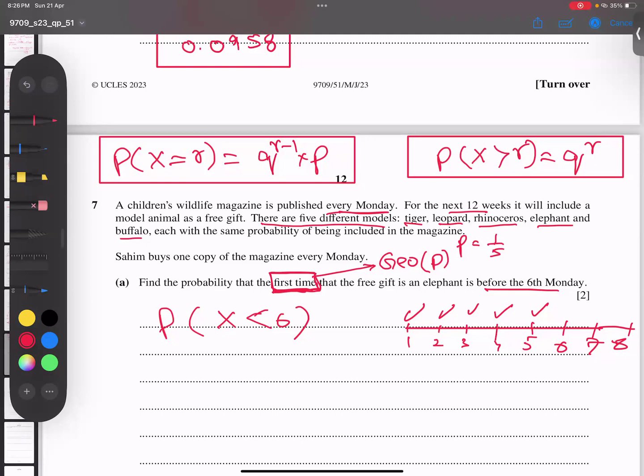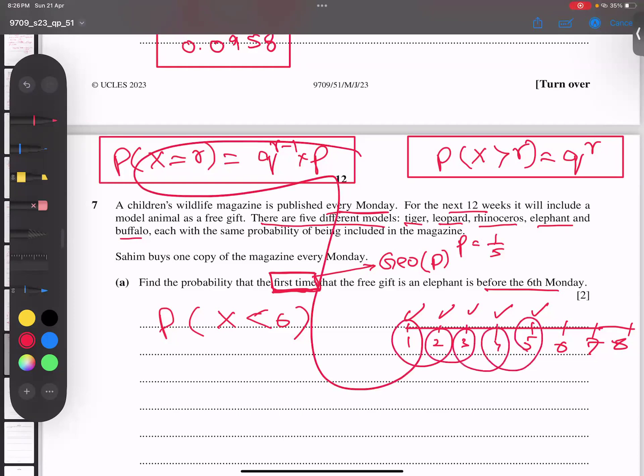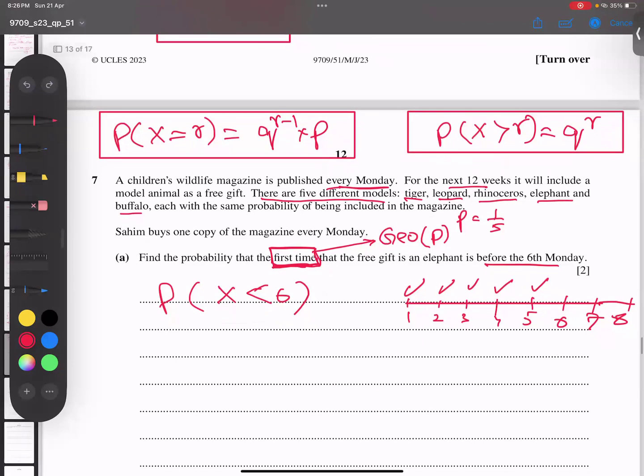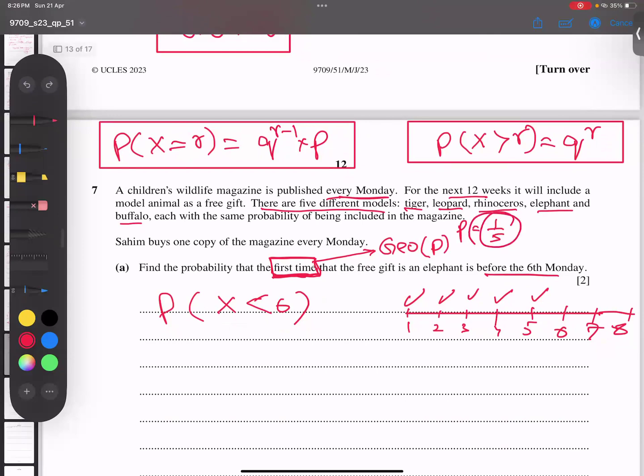Because he said less than 6, we have two options. Method number 1: I use this formula 5 times, for 1 time, 2 times, 3 times, 4 times and 5 times. For example, for 1, what is the probability? The probability of p is 1 over 5, and q is 4 over 5.